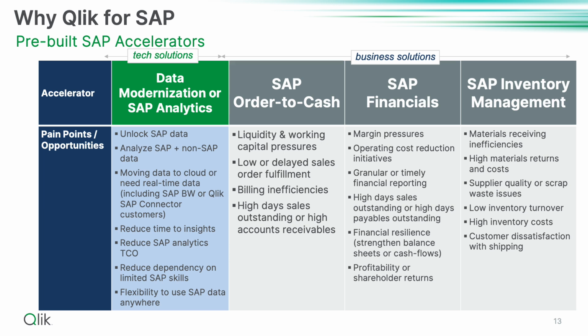And so what we've done is to deliver pre-built solutions around three very distinct SAP processes: orders to cash, financial analytics, and inventory management. So being able to take the raw data, transform it, manipulate it, get it ready for analytics, deliver analytic solutions with KPIs around things like liquidity and working capital pressures, how we're doing with our fulfillment, how we're doing with billing and billing inefficiencies, day sales outstanding, are our customers paying on time in those orders to cash metrics.